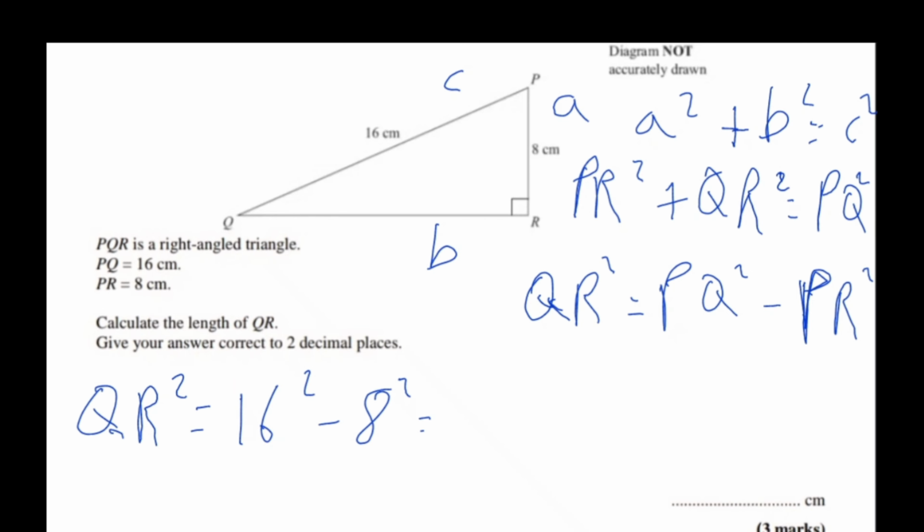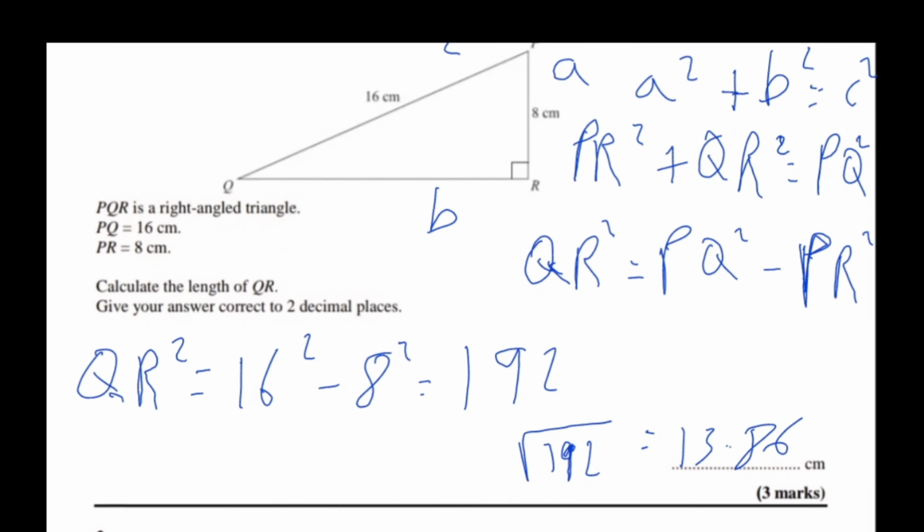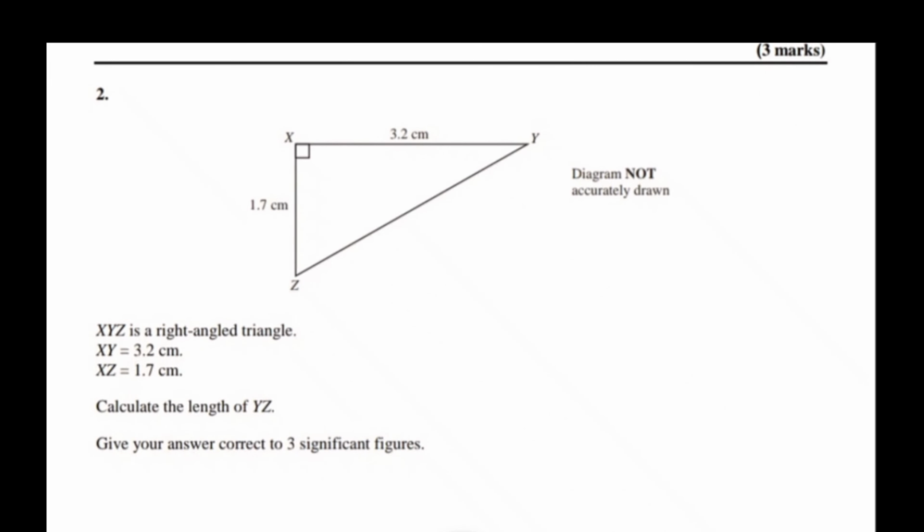And you don't need to convert this into meters; we're leaving the answer in centimeters. 16 squared is 256, 8 squared is 64. Minus each other, we'll have 192. And finally, we need to square root this because it's QR squared. So QR squared square rooted will give us QR. The square root of 192 is 13.86, which gives us the answer.